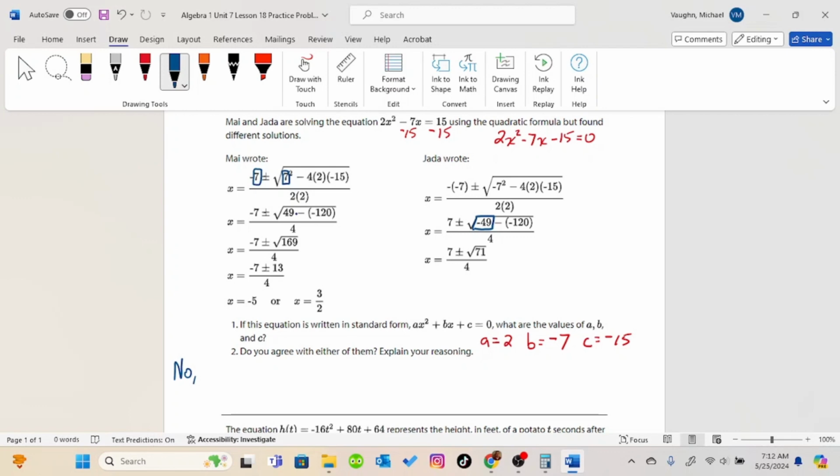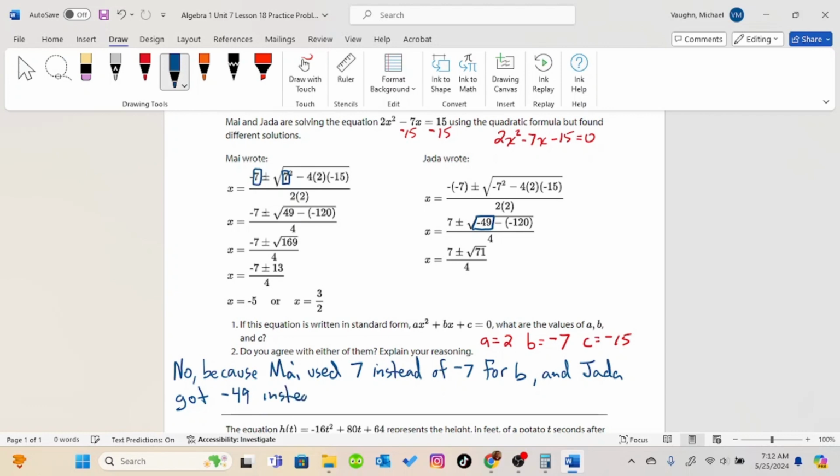So no, I don't agree with either of them because Mai used 7 instead of negative 7 for b, and Jada got negative 49 instead of positive 49 when she squared negative 7.